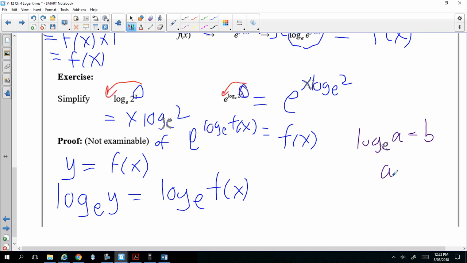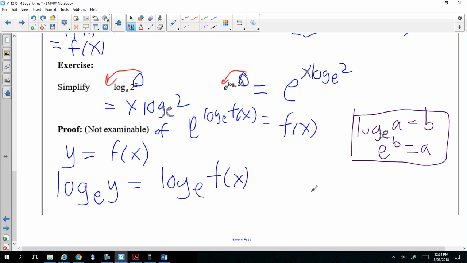This one's well known to you. So we're going to do the same thing and write this in index form: this e to the power of this equals y. I'm just applying this rule now.